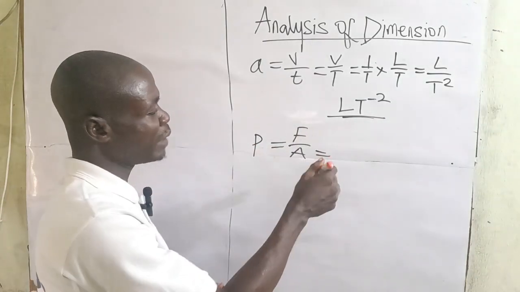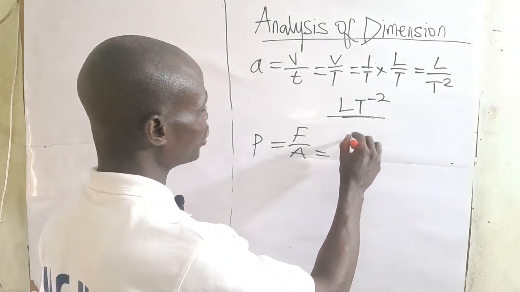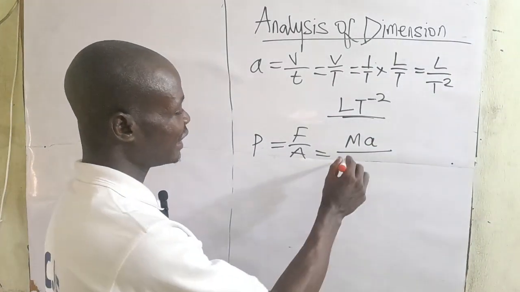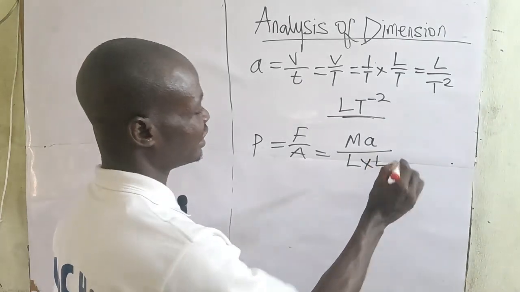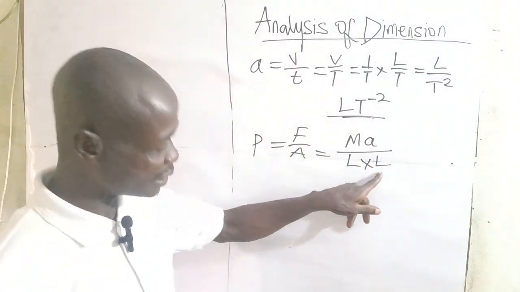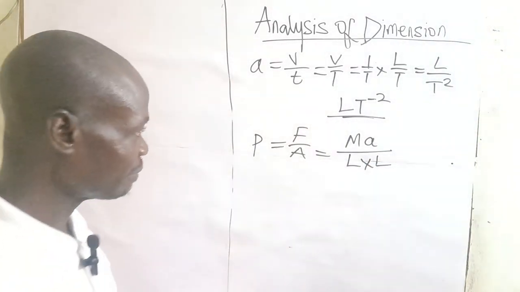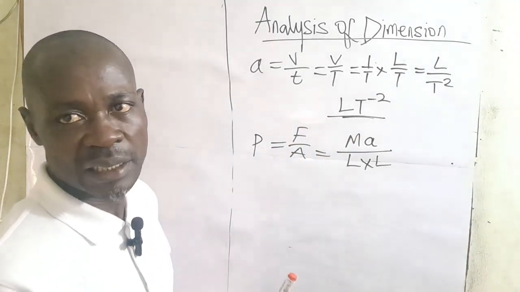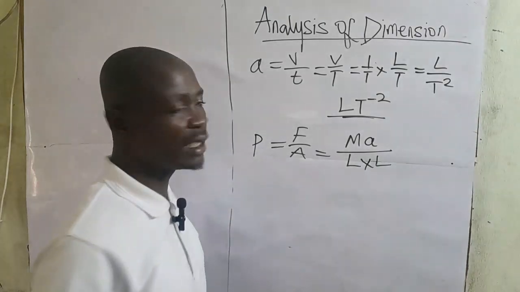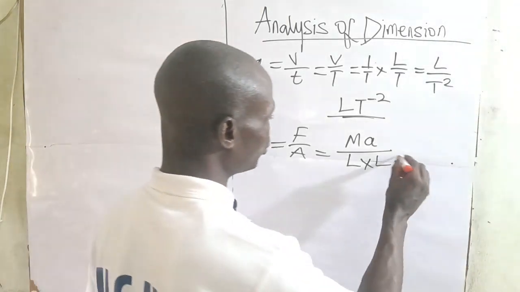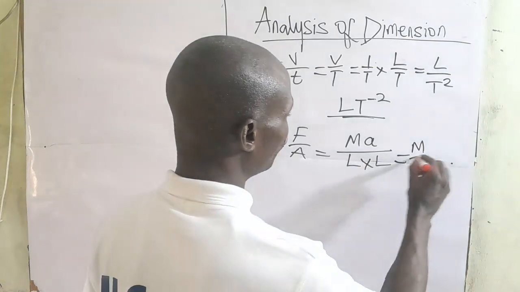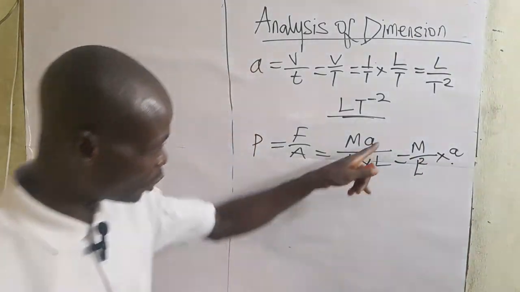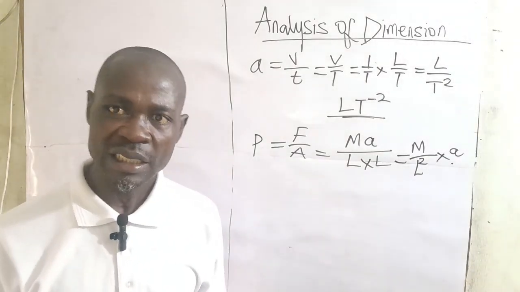Defining the numerator, which is force, we say that force is mass times acceleration, over the area. Area is length times length, or length times breadth, and breadth is represented in dimensional form as L. Looking at this, I have M in dimensional form, and I equally have L times L in dimensional form. So we are going to do M over L squared, then multiply by a, because acceleration is not in its dimensional form.